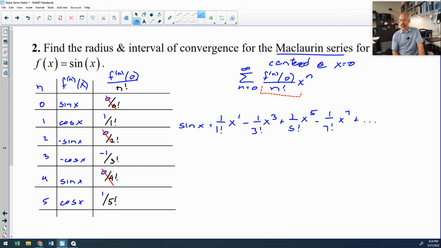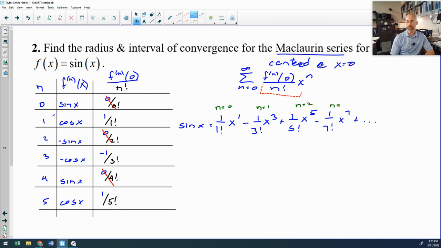I'm looking at this, trying to unpack it, and I realize that in my table over here, my x to the first power corresponded with n equals 1, and x to the third power corresponded to n equals 3. However, when I'm trying to come up with a formula, I'm going to just reset this at 0. This will be when n is equal to 1. This will be when n is equal to 2.